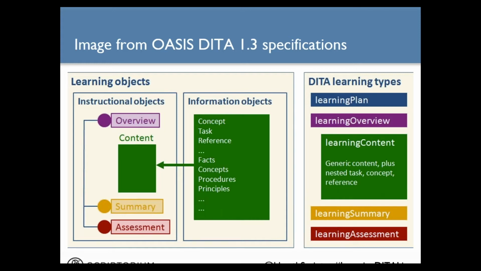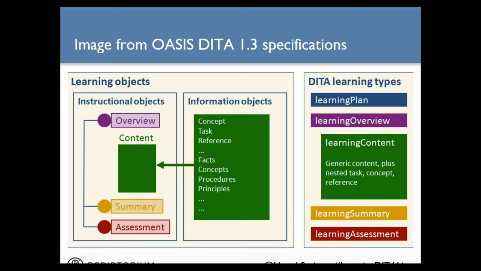So you can see over on the right, you've got your learning plan, which is mainly designed for instructors to create a learning plan. It's not necessarily meant for student eyes. And then you've got your learning overview, which might give a quick summary of what you're about to learn. And then the learning content, which will have the bulk of your learning materials in it, and then maybe a learning summary with more bullet points that say, this is what you just learned, and then a learning assessment.